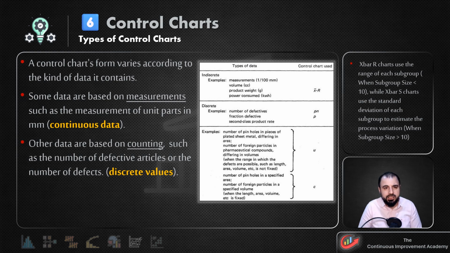Before we go to the C chart and the U chart, it's important to distinguish between non-conforming items and non-conformities, or defective items and defects. Basically, one item can be non-conforming to the customer requirements, so therefore it is a defective item. But this specific item can have 1, 2, 3 issues or non-conformities or defects.